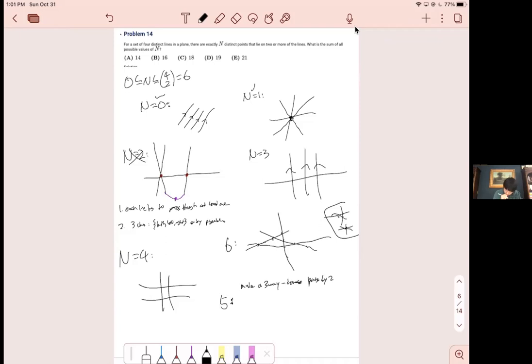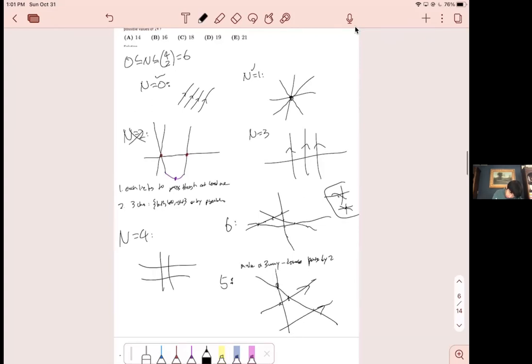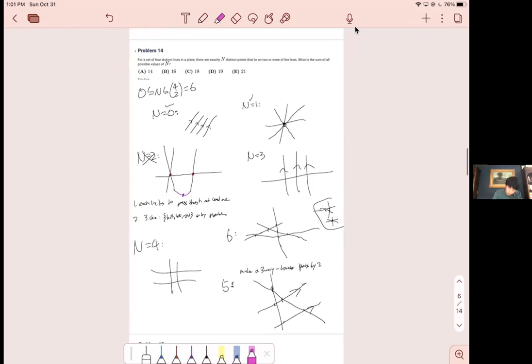So that's no good. Another way to get rid of an intersection is to make 2 lines parallel. So you just do that, and you get 5 intersection points. So 0, 1, 3, 4, 5, 6 are all doable, which is everything except for 2. Summing that up, you get D.